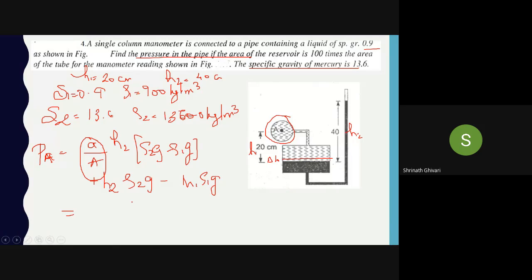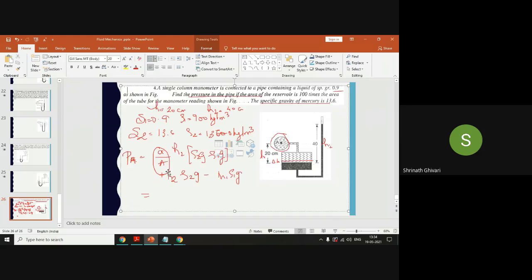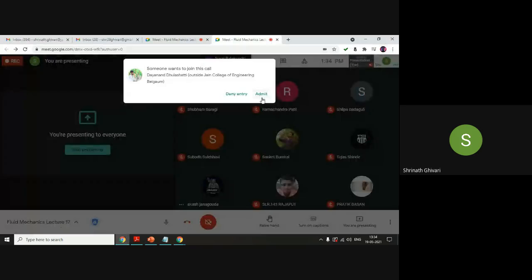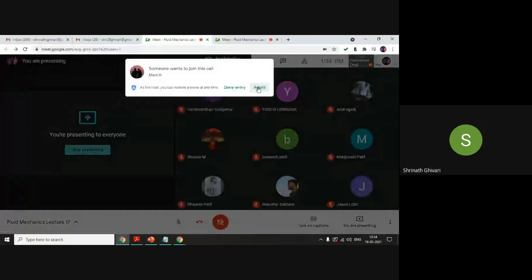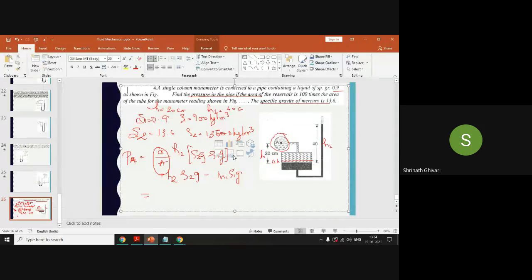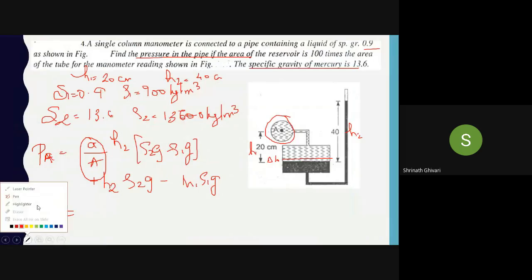What is capital A by small a? What is small a by A? Let him wait for a few minutes. What is small a by A? As I have said, the reservoir is 100 times greater. So A is 100 times small a, so small a by A is 1 by 100.